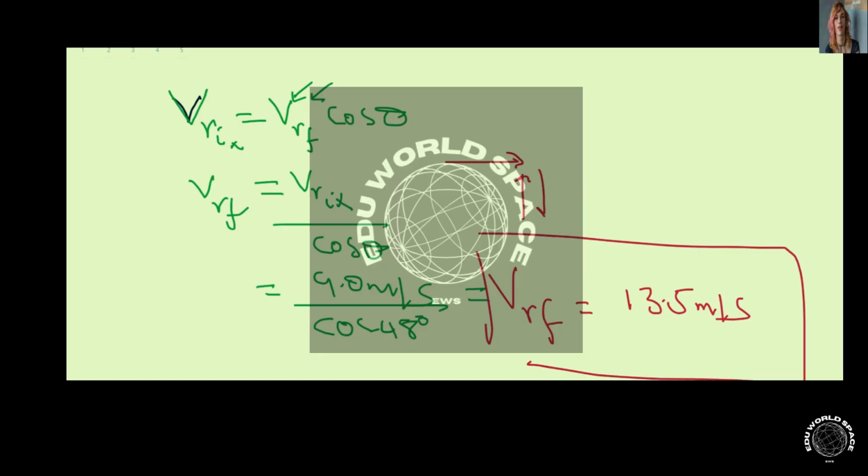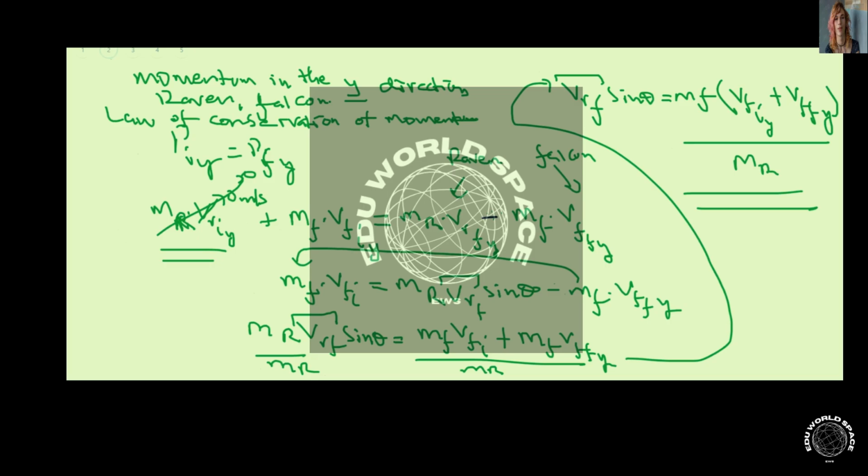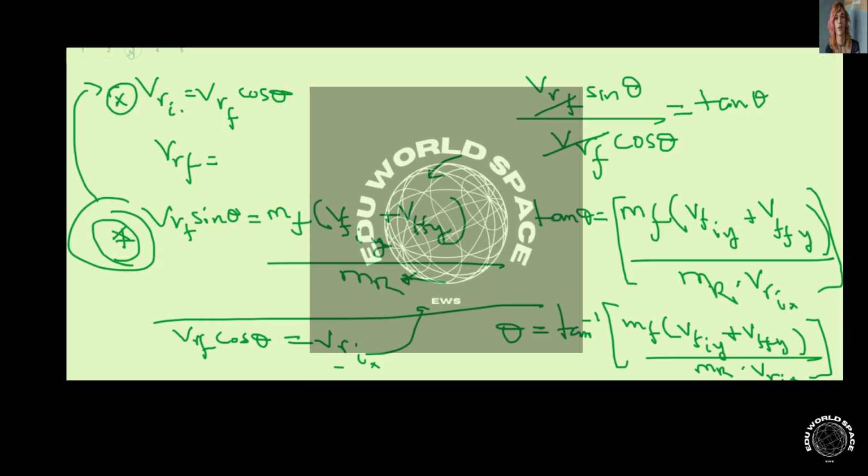We have the raven and the falcon. The raven bounces off that way at an angle of theta. This is the final velocity of the raven that we want to look for, and this was also the angle we were looking for. So using the law of conservation of momentum, we compared the initial and final momentum in the x, and then we compared the initial and final momentum in the y, and then we came up with two expressions, one built from the x direction, one built from the y direction.